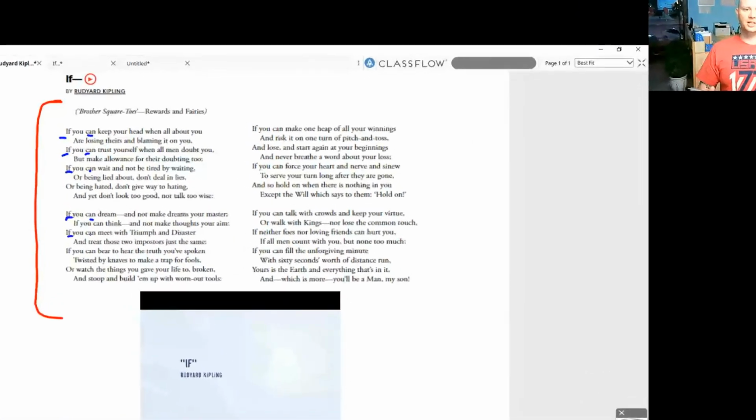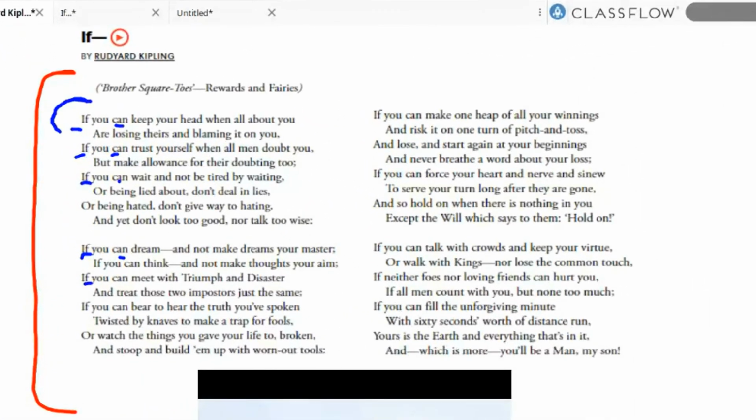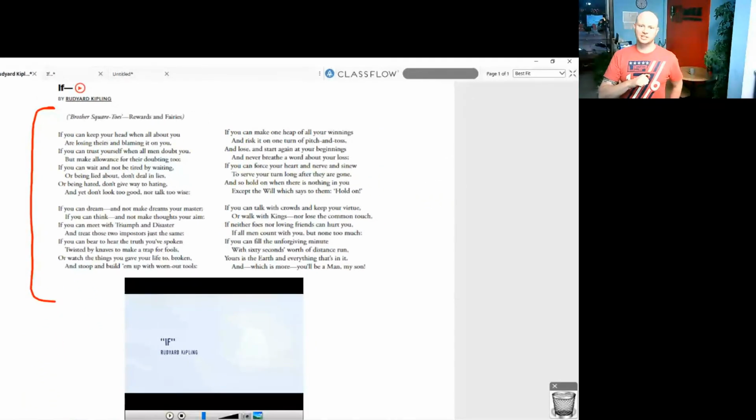If he had written it this way, if you could keep your head when all about you are losing theirs and blaming it on you, that would mean that he thought it was impossible for you to do that, or unlikely. But we can see that he wrote it in the first conditional.